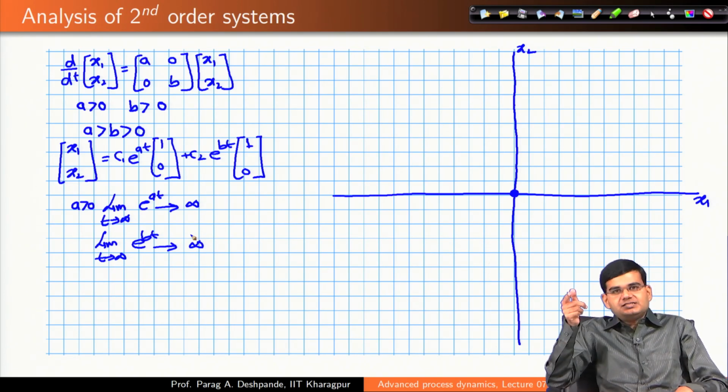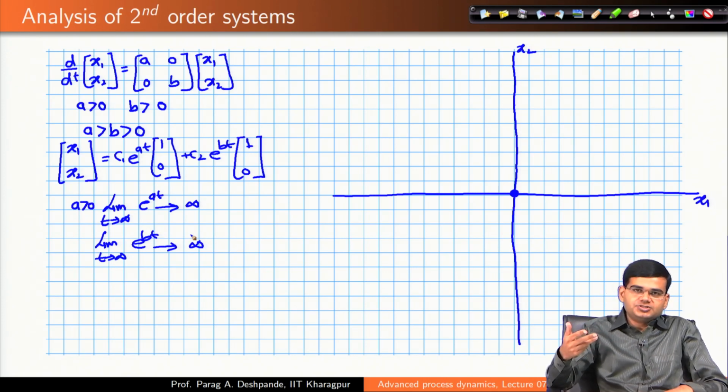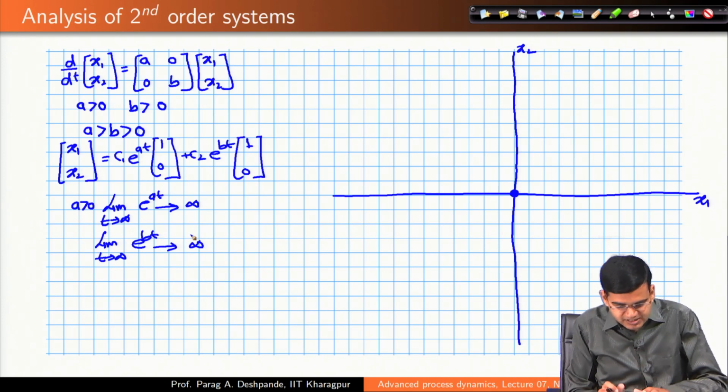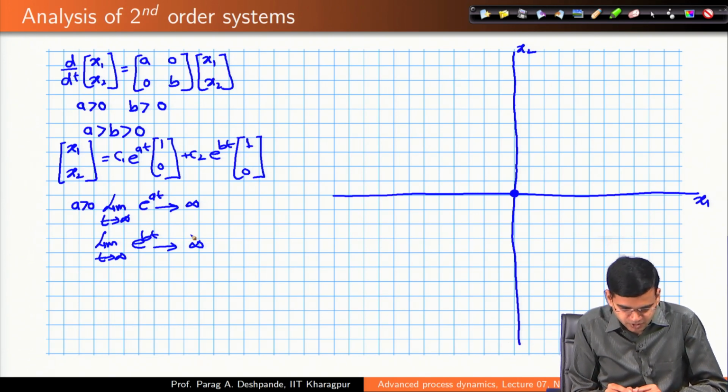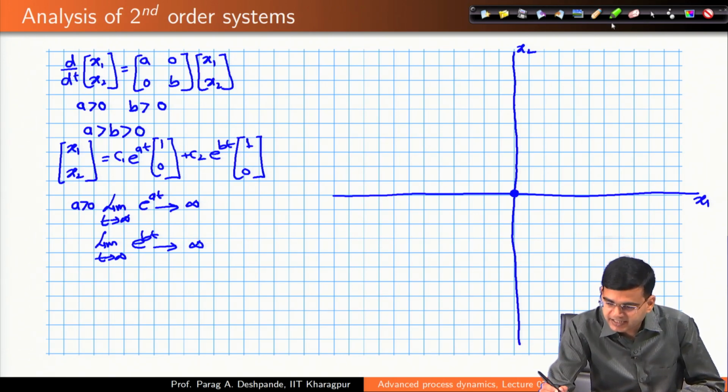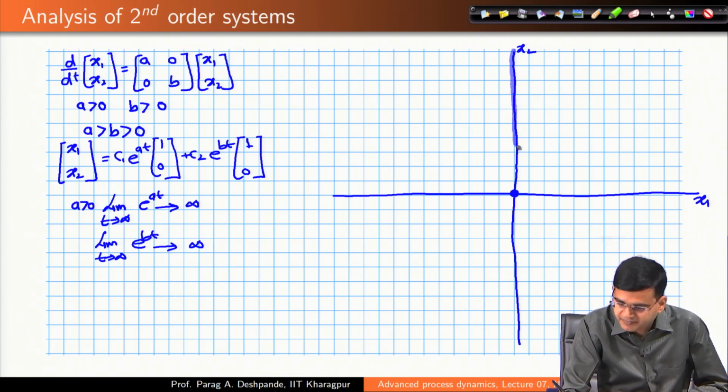Remember, in the previous case, one of them tended to 0 and the other one tended to infinity. That is why we call that solution a saddle solution. Now, when this happens, we had marked these solution axes, and both the axes are unstable.